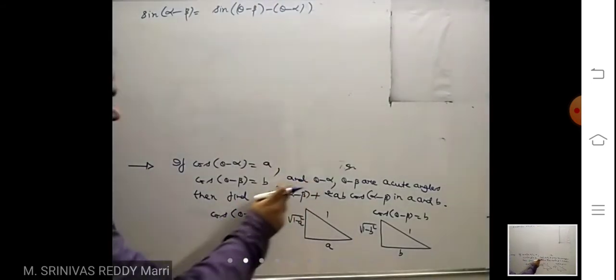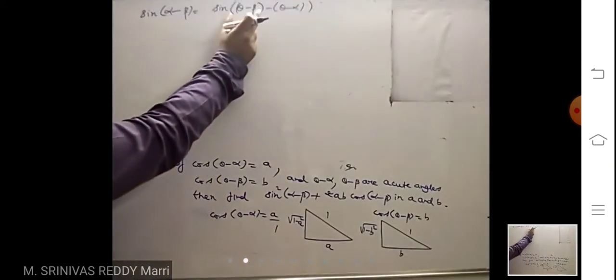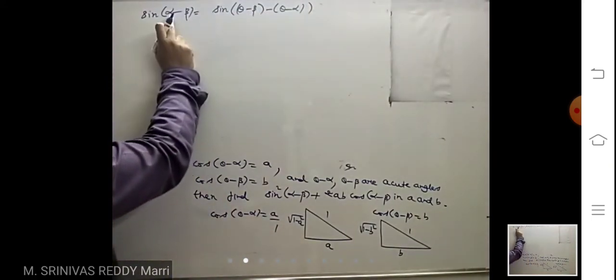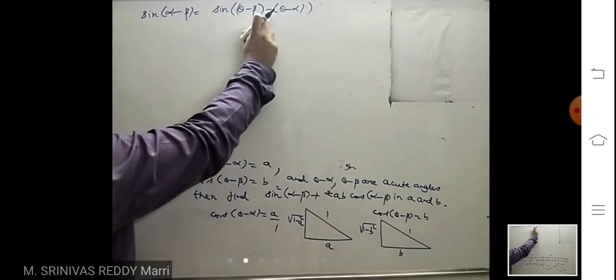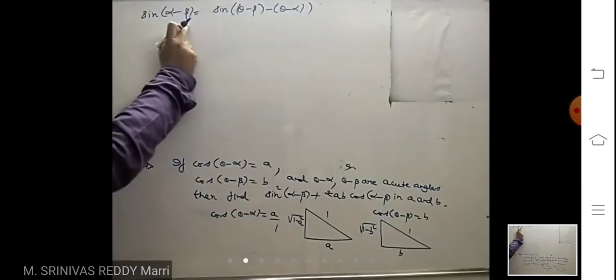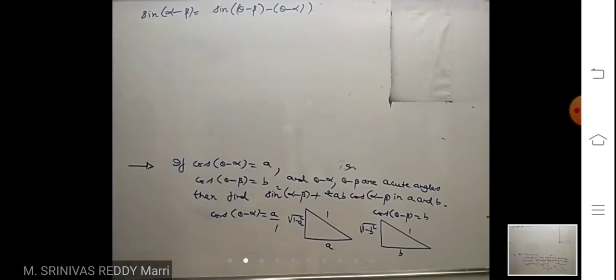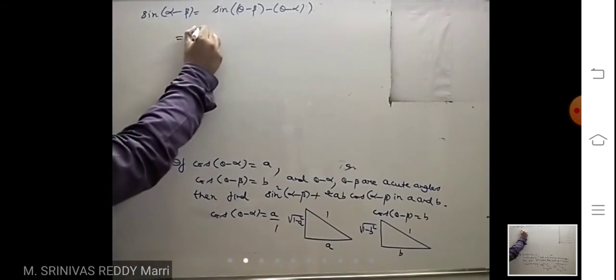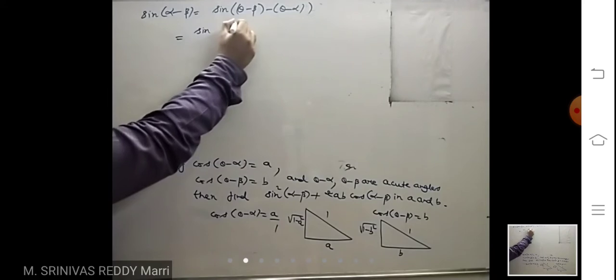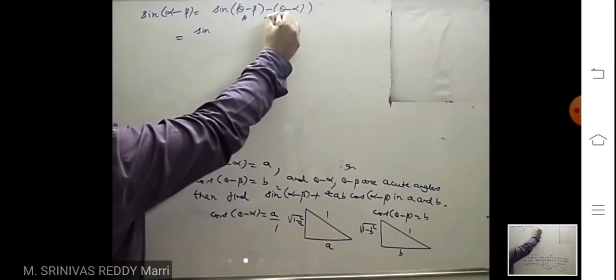As this is known and this is known, I want to write the angles in terms of that. So theta minus beta minus theta plus alpha is the same alpha minus beta.